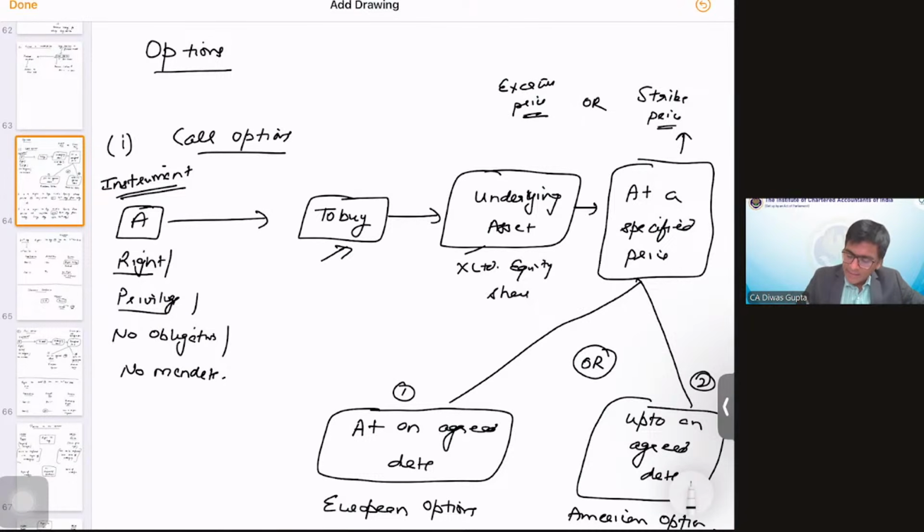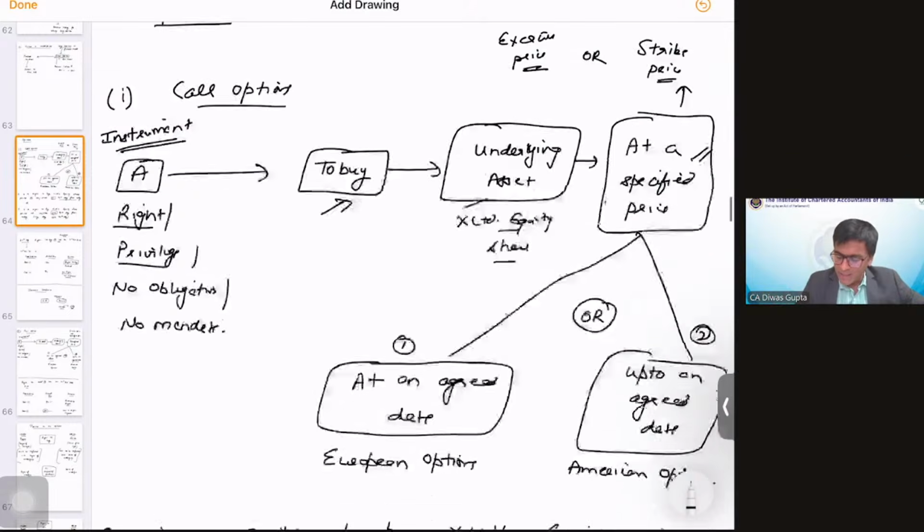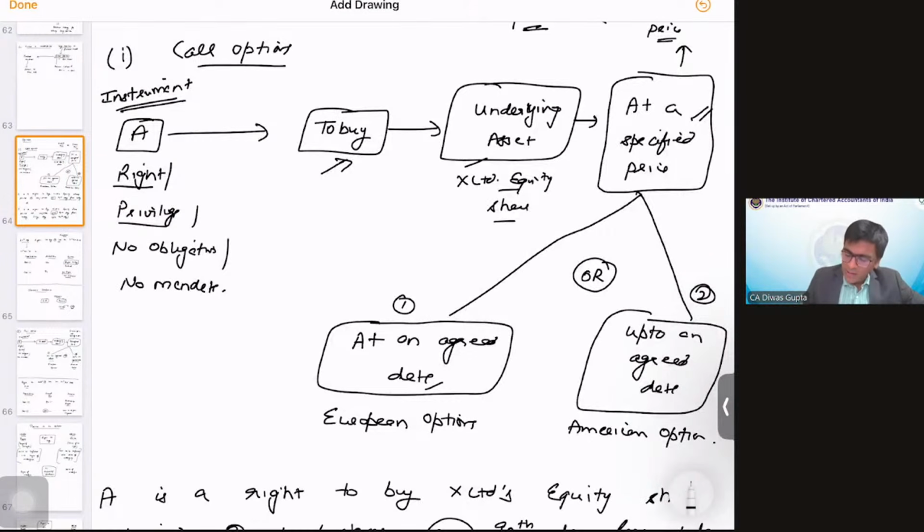An underlying asset, in this case an X Limited equity share, at a specified price, which means the strike price or exercise price is fixed, and which can be executed on expiry, at an agreed date or up to an agreed date. That means any day up to the expiry date. That was the real difference between a European option and an American option.